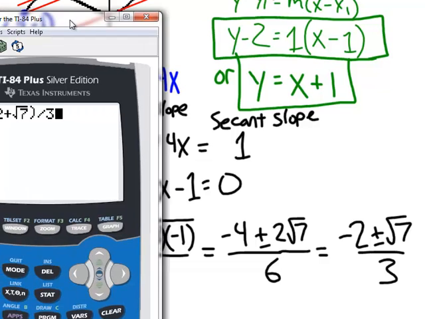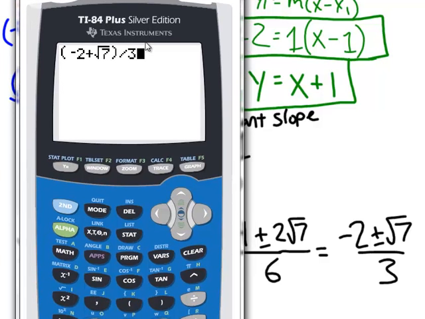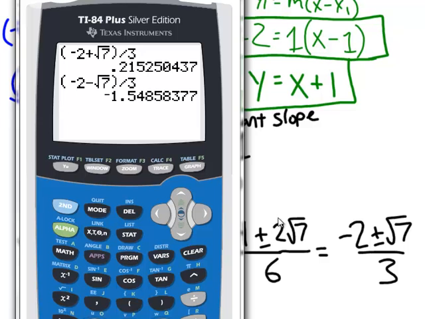And I bring the calculator onto the screen, and there's my -2 plus root 7 over 3. There's my decimal approximation. I do second enter, and let's do second left, and then back over to the right a few times just to replace that plus with the minus. And there are my two values.